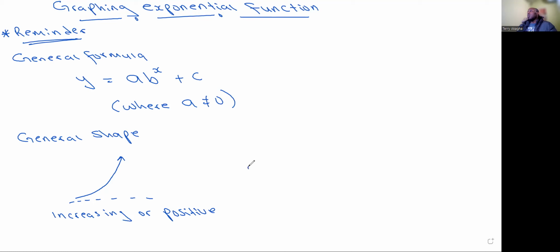Or it can come down, looking like this. It comes very close to the asymptote but does not touch it. This is what we call a decreasing or negative exponential function. In this case it's increasing, while in this case it is decreasing, and it's never going to touch the asymptote.